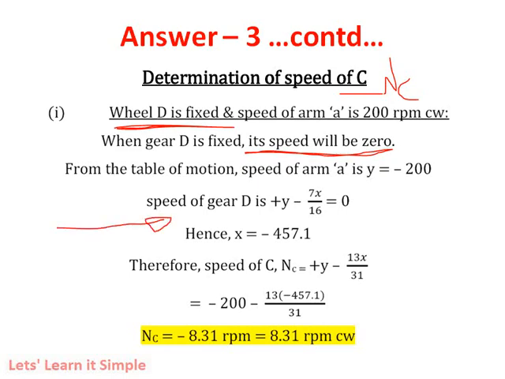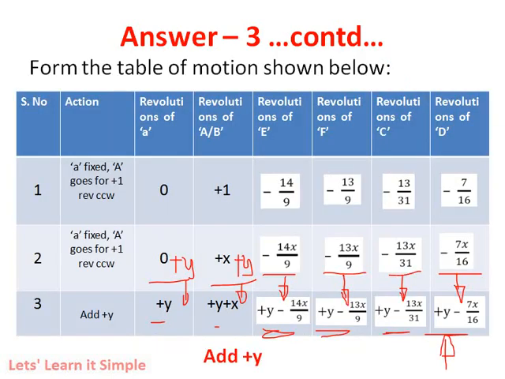And there are unknowns y and x. Also, it is given that the arm is rotating at 200 rpm clockwise. Now from the table of motion, the speed of arm is plus y, this one.